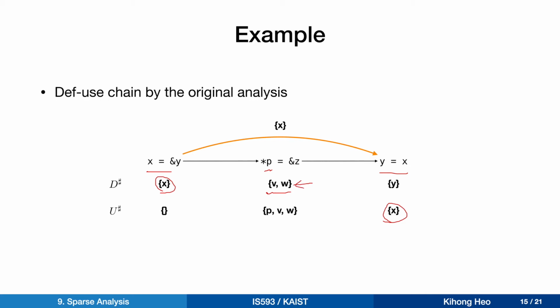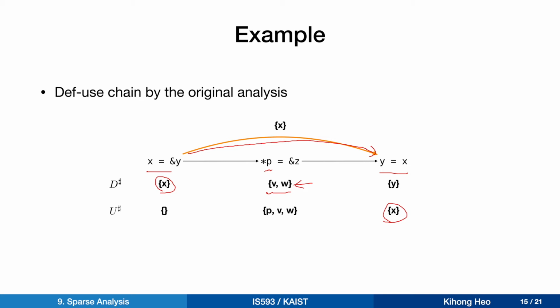So that is our definition of depth chain, right? So we can draw this depth chain for x. As you can see, this depth chain is correct, which means that the analysis that follows the depth chain, not control flow, will have the same result with respect to x in this case.